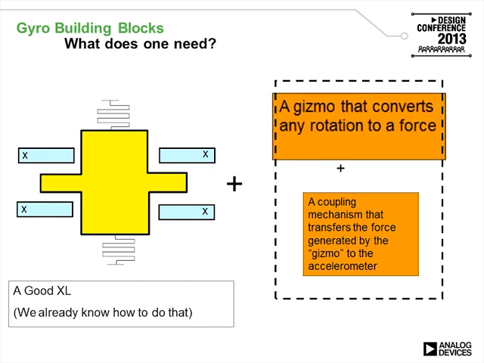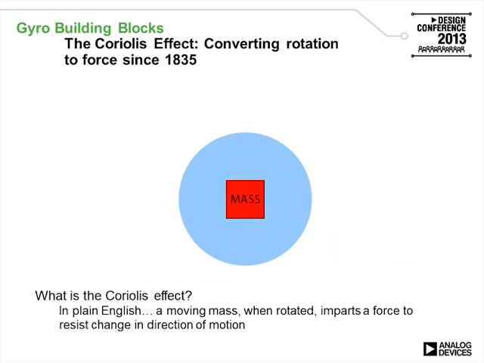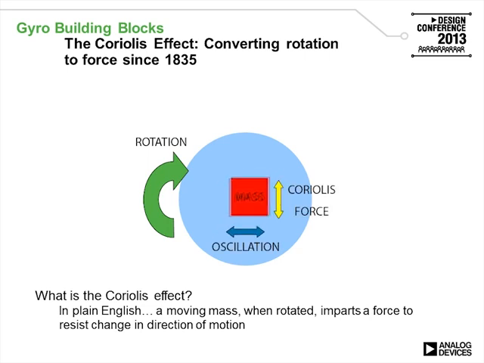The force that we rely on for making gyroscopes is what's known as the Coriolis Effect. In plain English, a Coriolis effect is when you've got a mass that's moving in some periodic fashion in one direction or along one axis, and you rotate it around a second axis, that will create a force and a motion in the third axis as well.